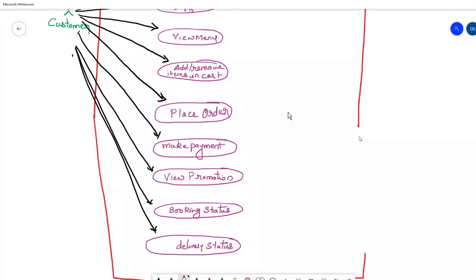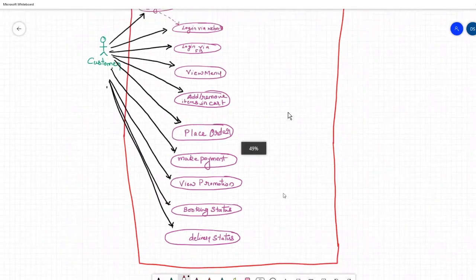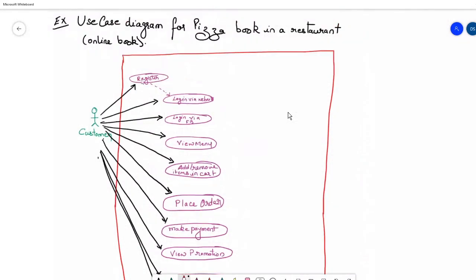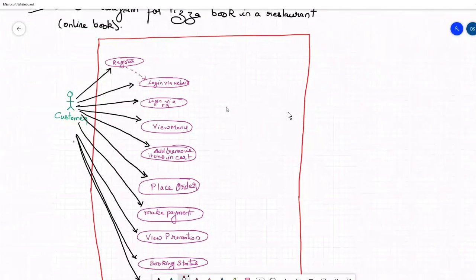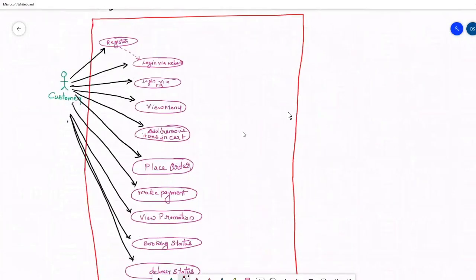Now, this was only about one actor. As we say you have to draw the use case diagram for pizza booking in a restaurant, these are the functions which I was using. Now, there would be someone who would be processing my order.